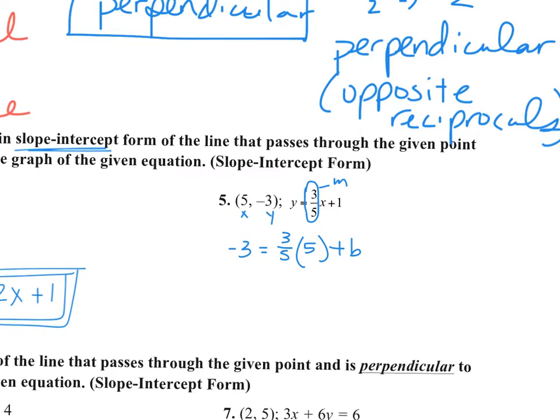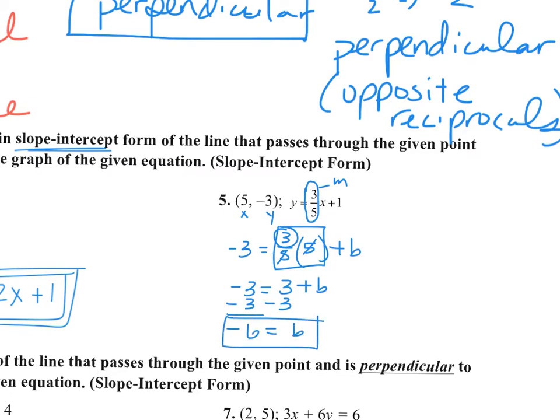So if I do 3/5 times 5, the 5's cancel and I'm just left with 3. So I get -3 equals 3 plus b. And then I need to take that 3 away. -3 minus 3 is -6. So my b, my y-intercept, is -6.